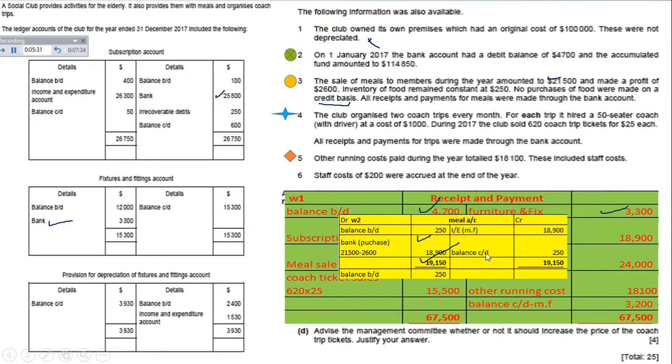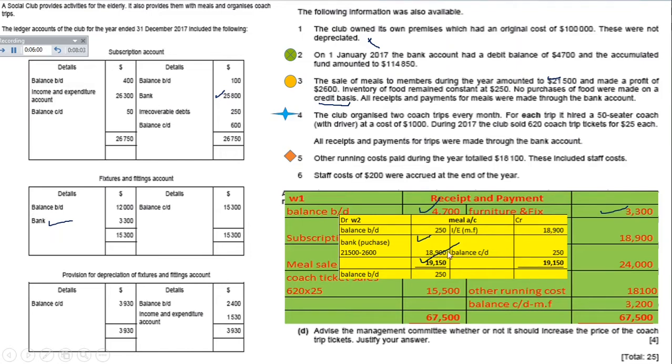And then you have a balance CD, that's also 250. Now why are you putting 250 as balance CD? It's because here the question is saying inventory of food remained constant at 250. So it remained constant at 250 means whatever is your opening, that's going to be your closing. So this CD and here BD. So the difference amount, I/E, is a missing figure, 18,900. This will go in our income and expenditure account as meal expenses, 18,900.